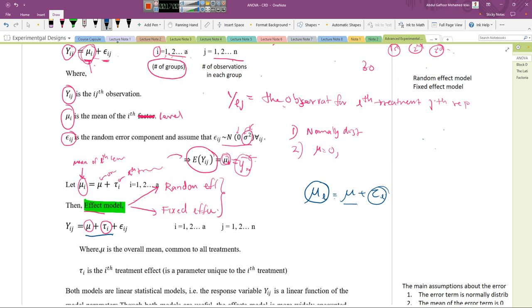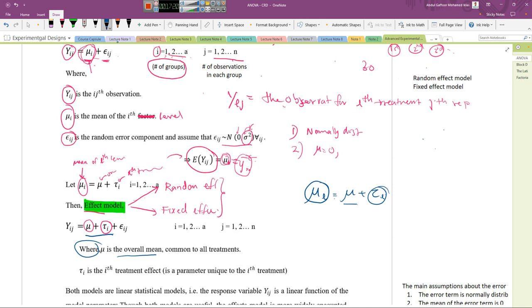So the effect model is derived from our mean model by substituting mu plus tau I for mu I. Here I is equal to 1 to a and j is equal to 1 to n, where mu is the overall mean that I explained already, and it is common to all treatments.